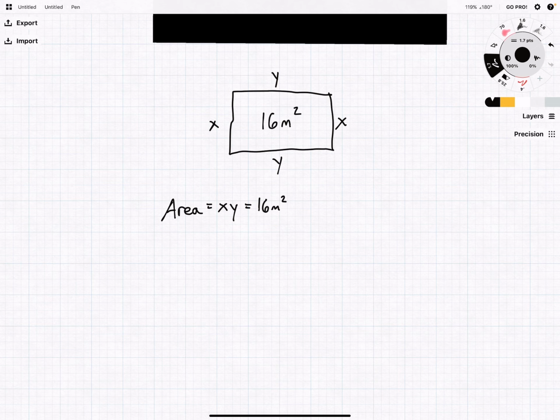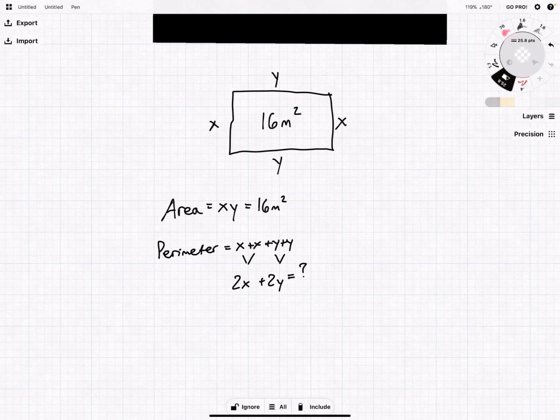We also know that the perimeter is equal to x plus x plus y plus y, which, to simplify, we could say 2x plus 2y. We don't know what that equals yet, but that's the function to find the perimeter for any given rectangle.